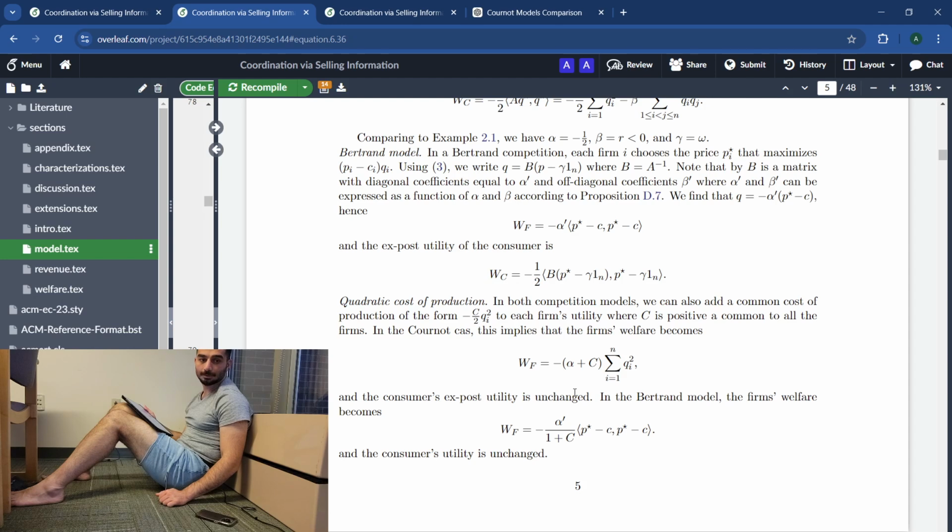Q is minus alpha prime P star minus C. What is C? C is theta. P star minus C is R sigma Pj star omega minus 1 half theta I.